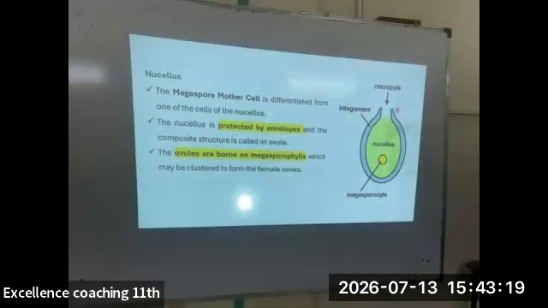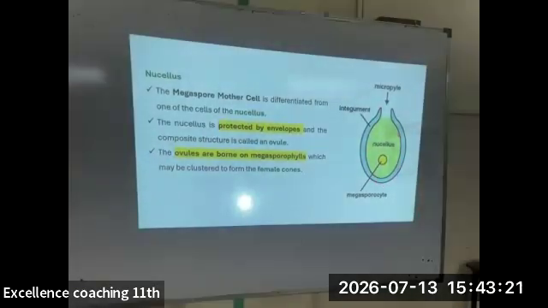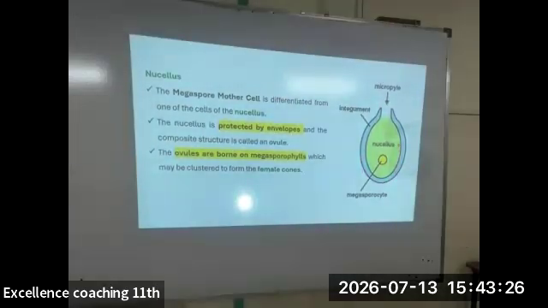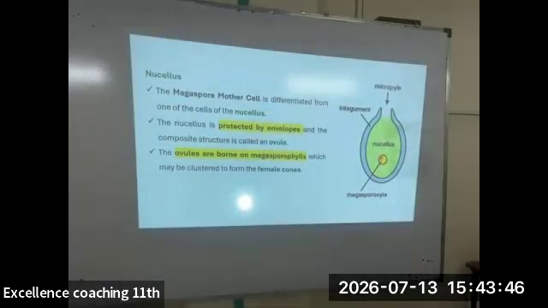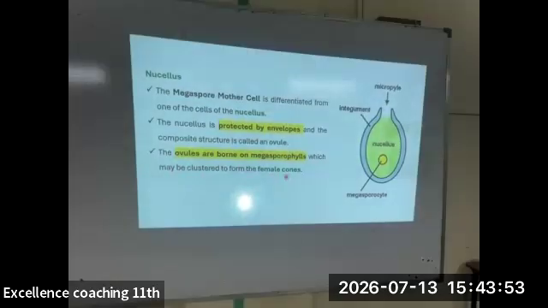This nucellus is protected by an envelope, which is called the integument. The name is not given here, but still. So this envelope is called the integument, and the composite structure is called the ovule. The ovule is present in the center. Is this clear now? Ovules are borne on megasporophylls, which may be clustered to form the female strobilus.